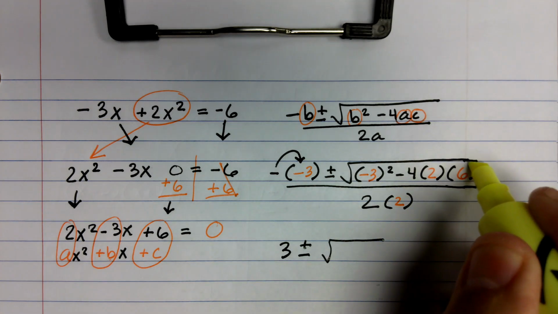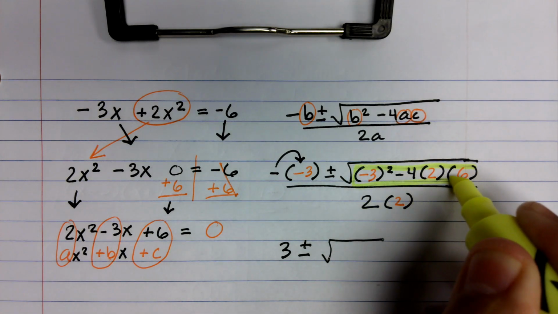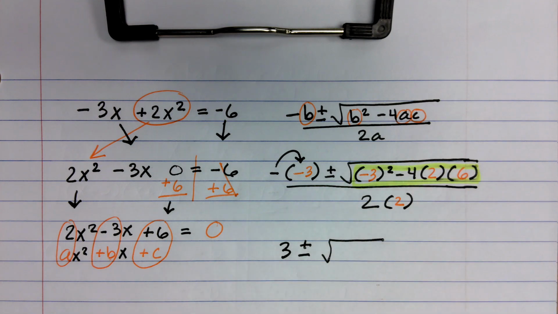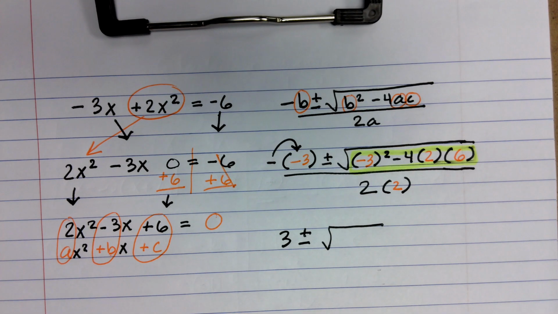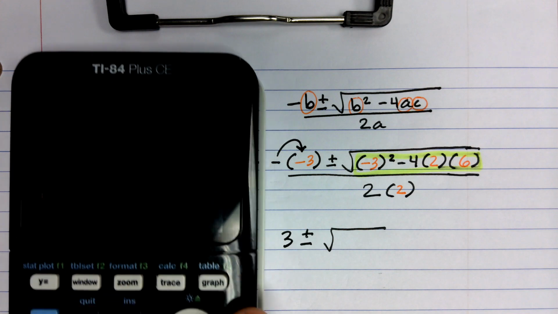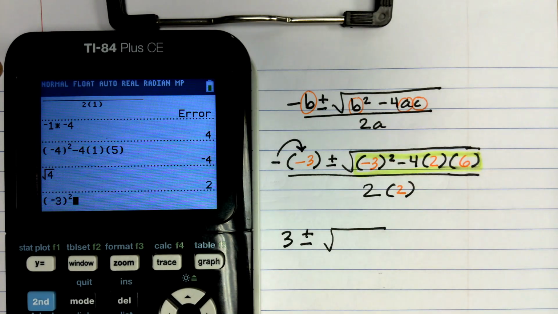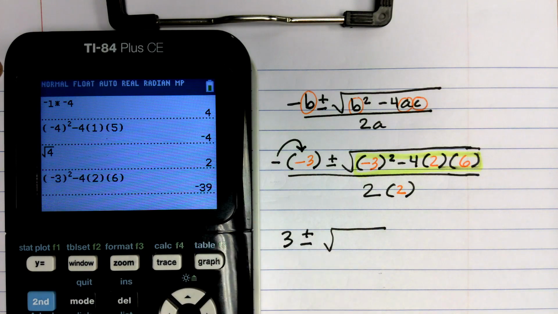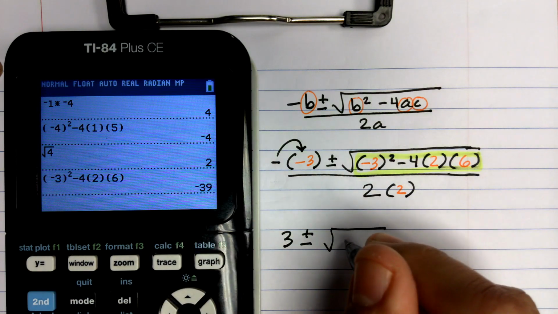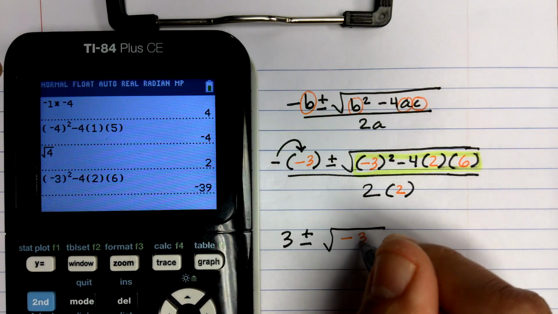What you see right here underneath the radical, I'm not going to put the radical in the calculator, but I'm going to put that in there because there's no point in doing that by hand. The calculator can do that for me and give me a value. So parenthesis negative 3 close parenthesis squared, and then minus 4 times my a value of 2 times my c value of 6, and hit enter, and it gives me negative 39. So I'm going to put in here negative 39.